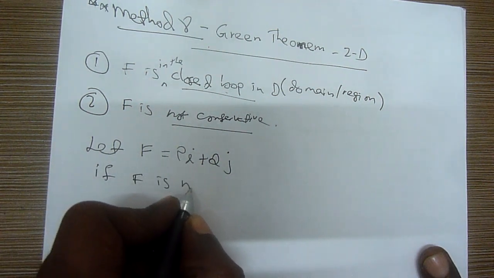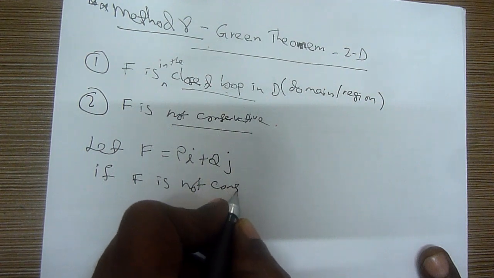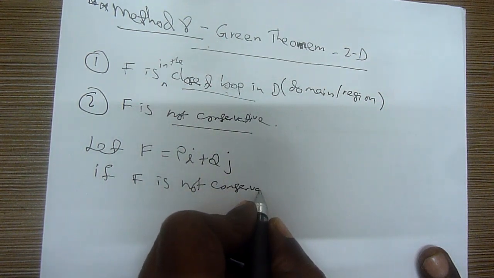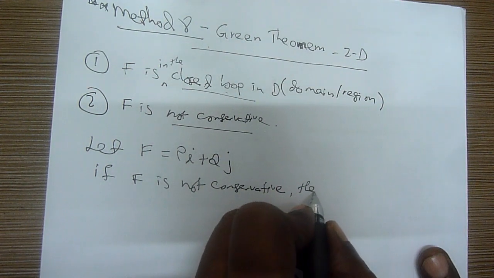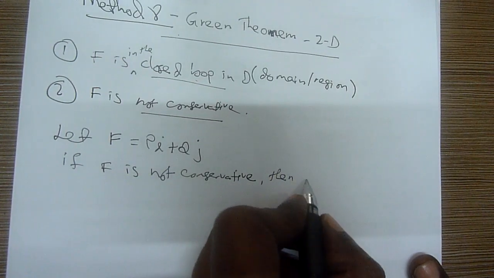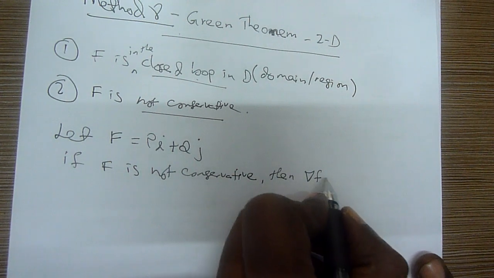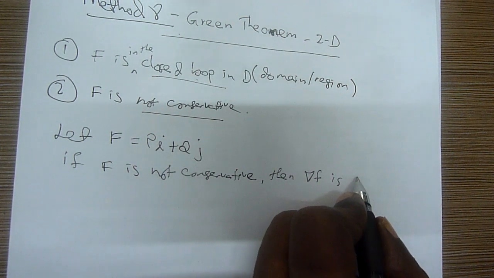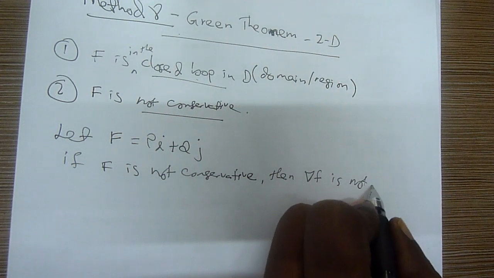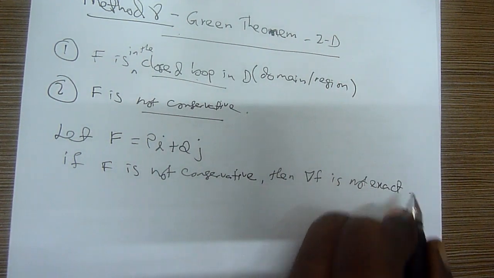If F is not conservative, then the gradient of it is not exact. That's our conclusion, right?